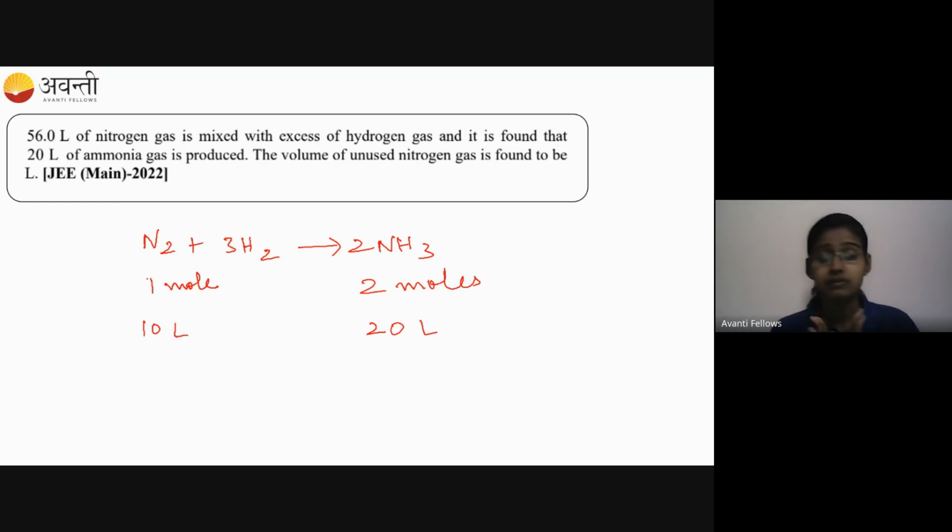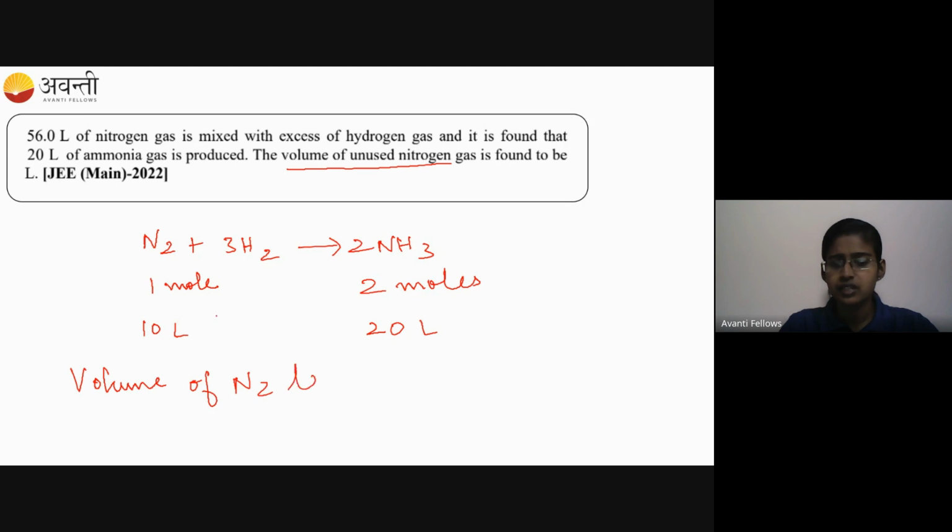Now we have to find out the volume of unused nitrogen gas. That is the volume of nitrogen left in the reaction mixture. The total volume of nitrogen gas is 56 liter.